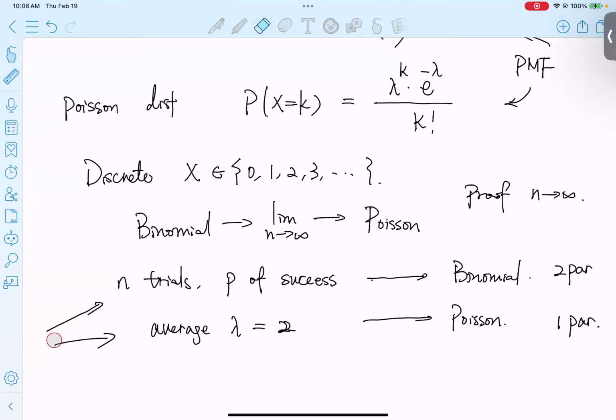But just for the sake of answering a homework or textbook question, if you are provided these two parameters, then this gives you a sense to use the binomial distribution. If the average is provided, then it gives you a hint of using the Poisson.